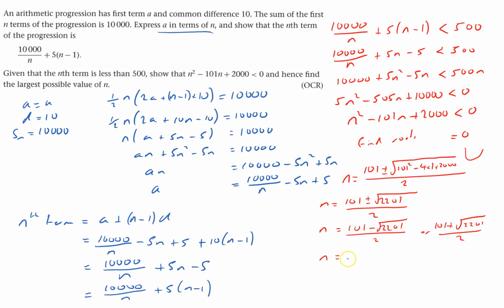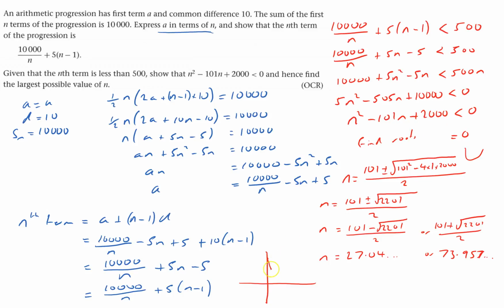So n equals 27.04 or 73.957. On my picture, it's a U-shaped curve. If n is 0, it goes through 2000.